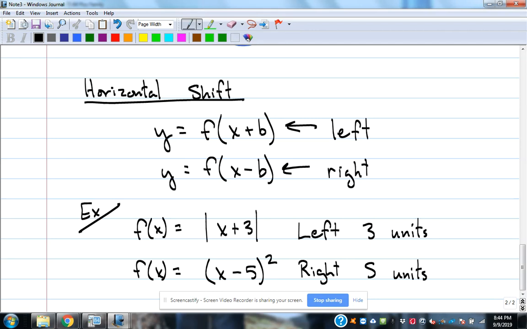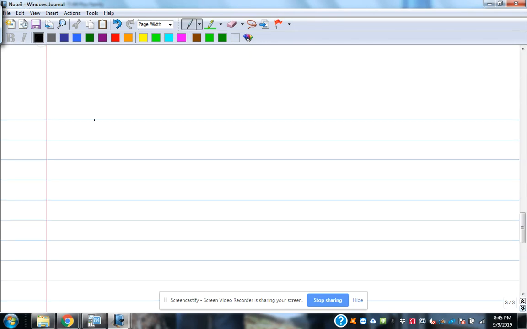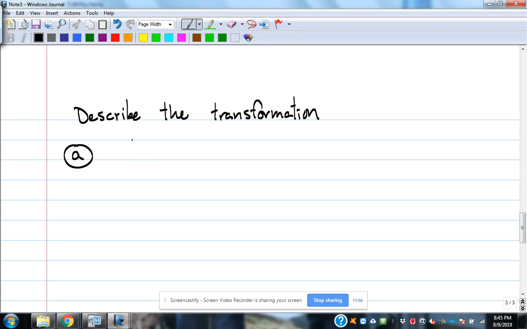Okay? So, let's do some work with that, okay? We want to describe the transformation. We'll call this example A. F of x is 3x squared minus 7.